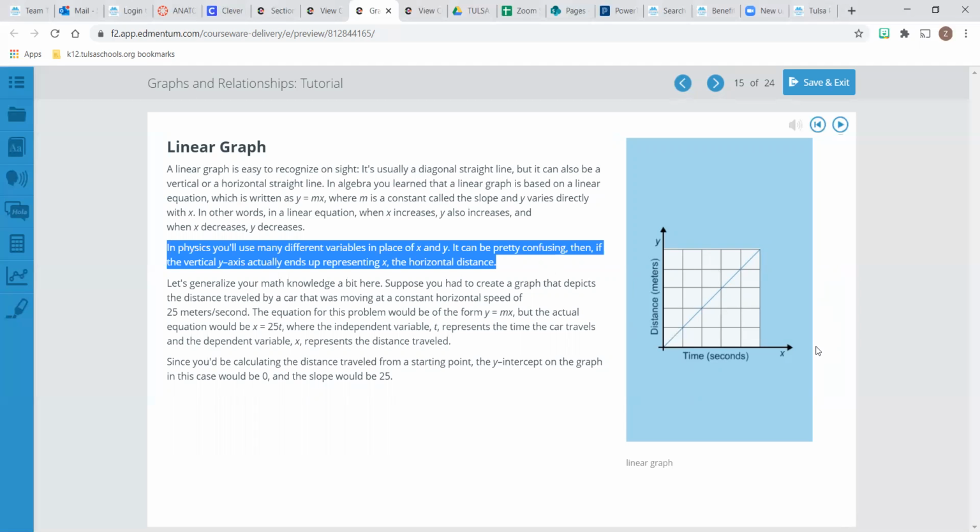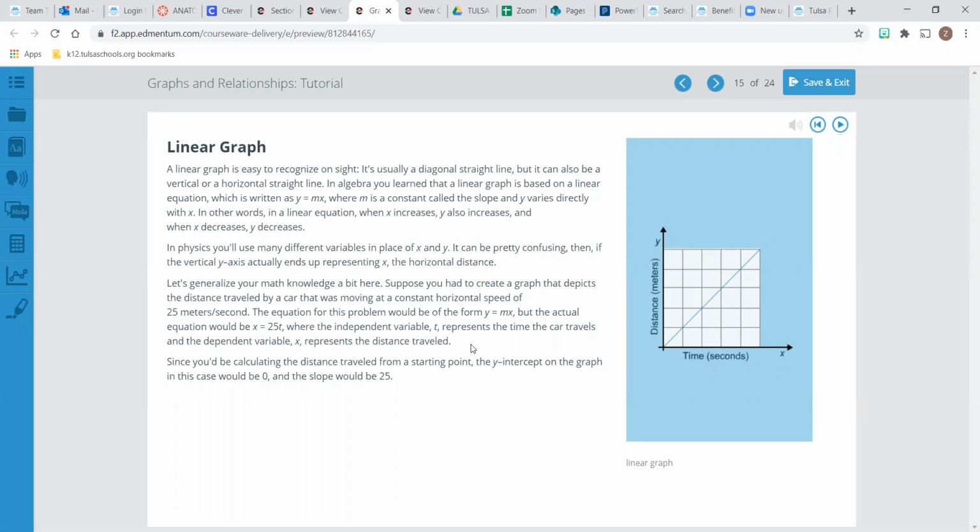It's just easier for me to think of the axis as x and y instead of t and then d. So if that helps you, then do that. Do like x equals time in seconds and then y equals distance in meters, and then just write out the x's and the y's and just keep them the same.